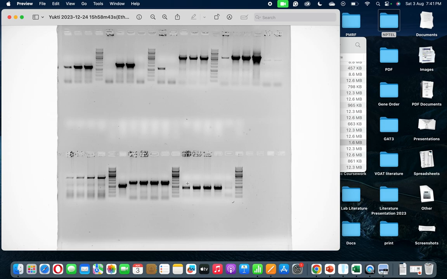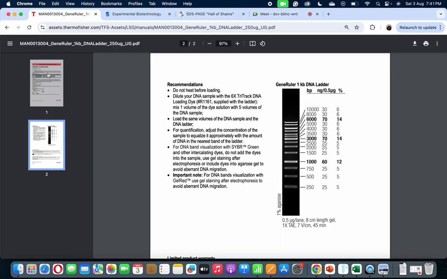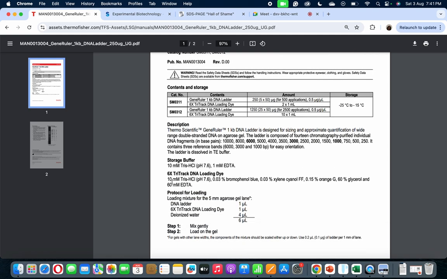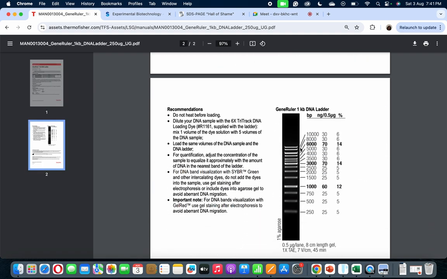With this ladder, obviously we can find out the size of these bands. But one more thing we can get is an idea of how much DNA is there in each band. So I'll just take a minute to explain this. When you get your ladder, it will come with a document like this, where it will talk about what is there in your ladder, what the bands are.